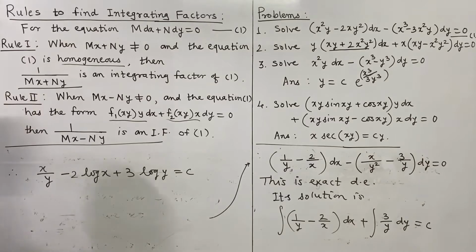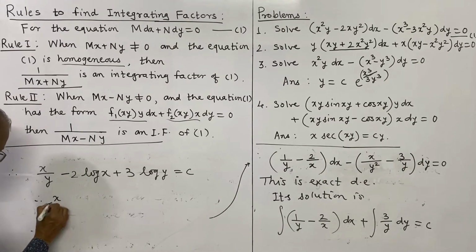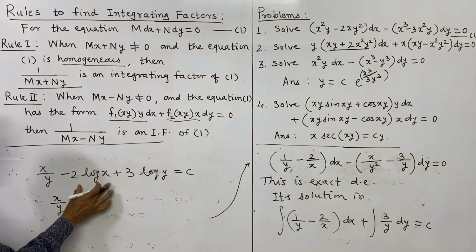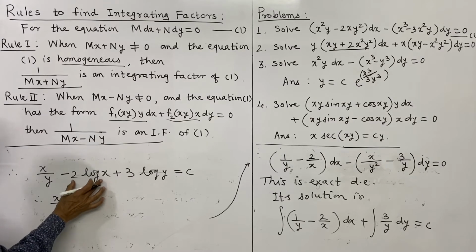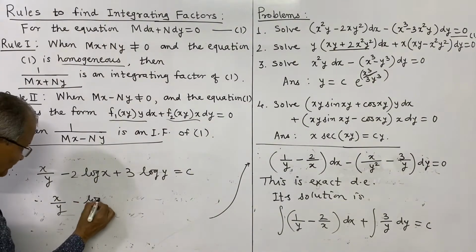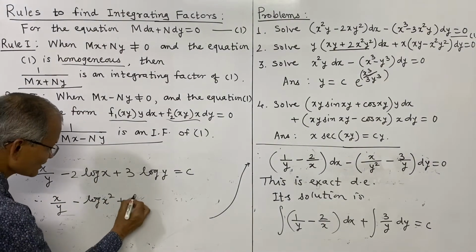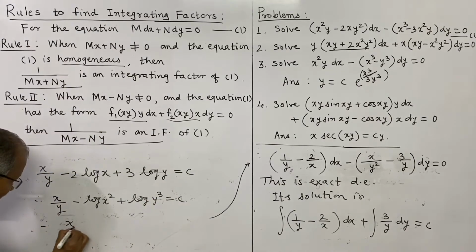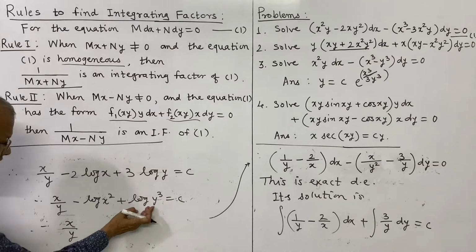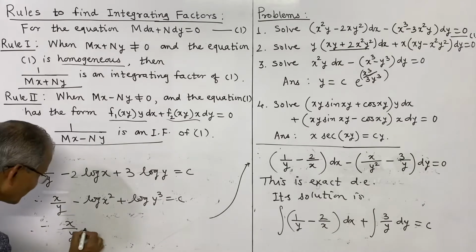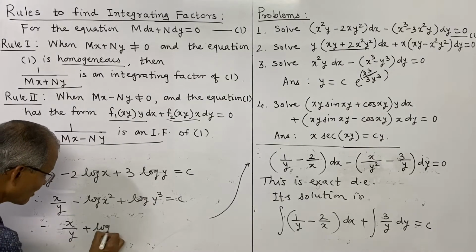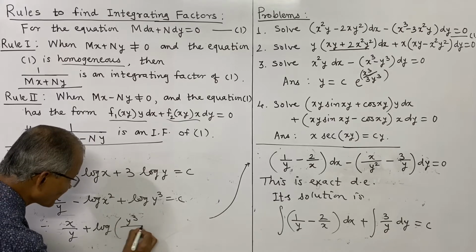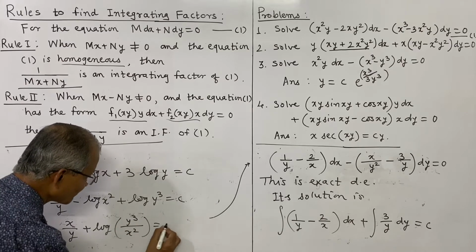and this can be further simplified as x upon y, this will be log of x square minus log of x square, using the law of logarithm, plus log of y cube is equal to c. Or that is x upon y plus log of y cube minus log of x square, that will be plus log of y cube upon x square is equal to c.